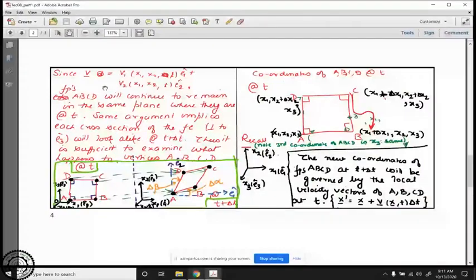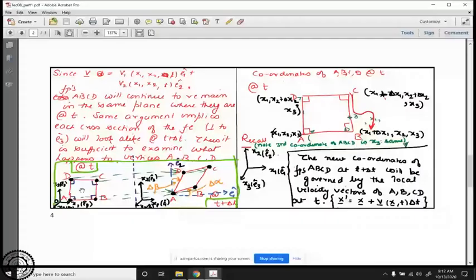Now, the way I have taken the velocity field, there is no third component, there is no V3 component. So I hope you will agree with me that A and B and C and D will not leave their original plane, because there is no V3.